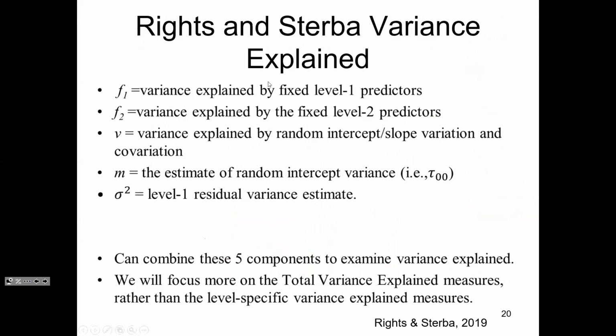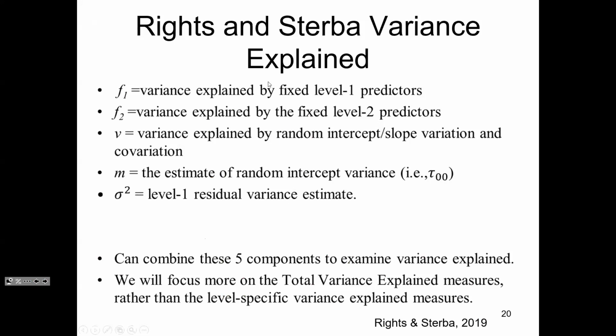And an important thing to keep in mind is that any predictor that has a level 1 component in it is going to be variance that's explained by the level 1 predictor. So when you have a cross level interaction, let's say between mean SES and SES, right?